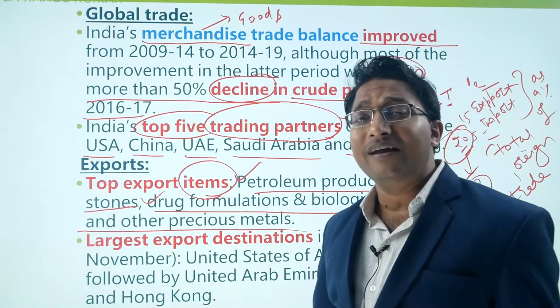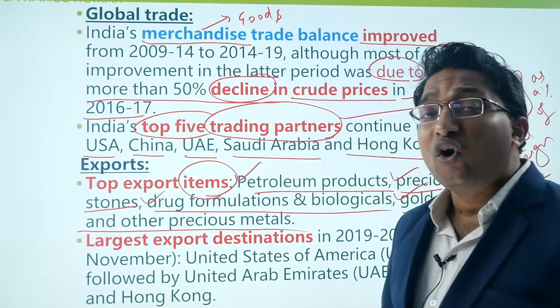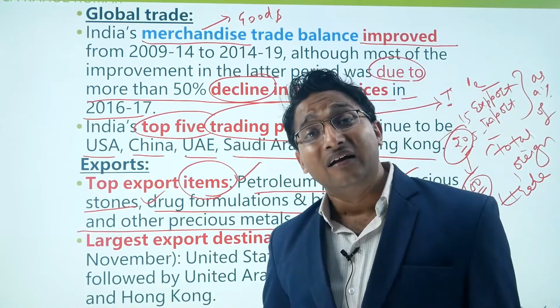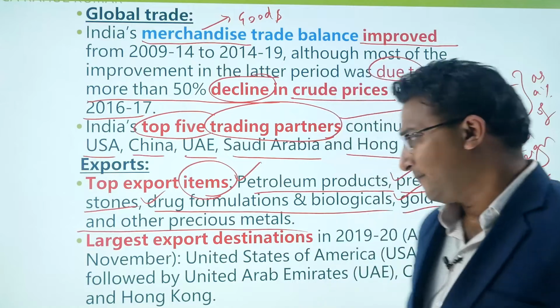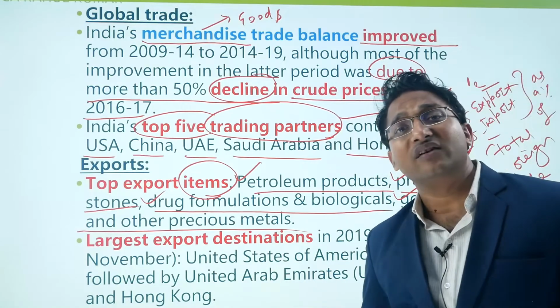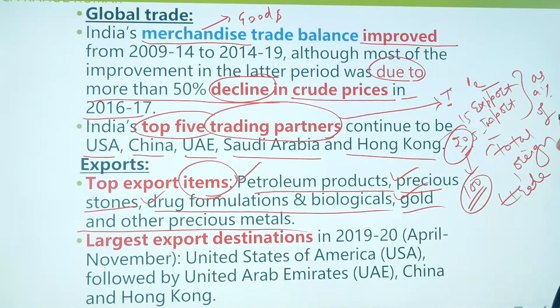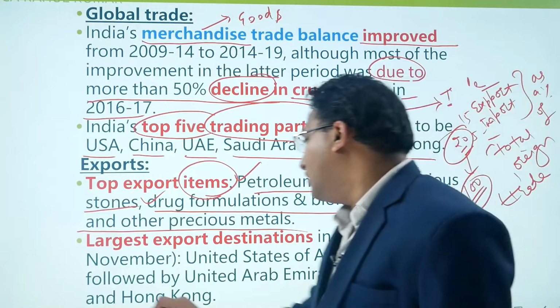That will help you maybe in eliminating or selecting some option in the prelims examination, or maybe writing an important line in the mains answer. So this will give you a competitive edge. Largest export destinations. The countries who are receiving the largest exports are USA, UAE, China and Hong Kong.